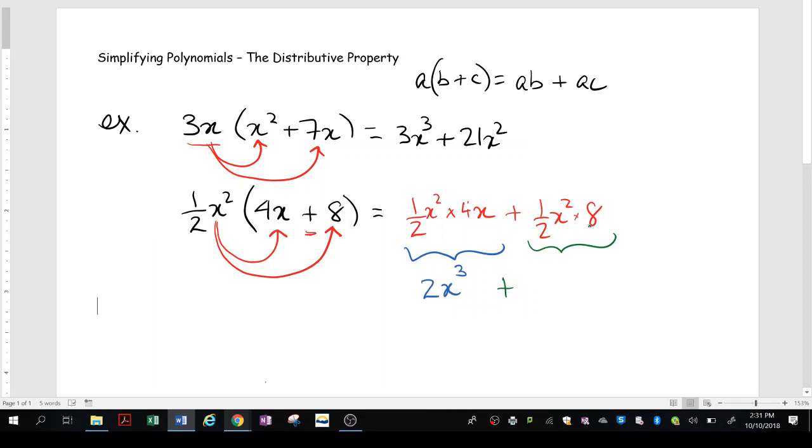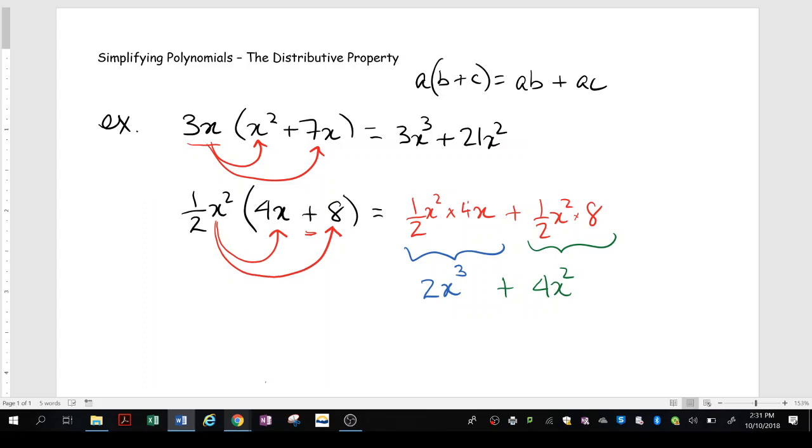We're multiplying those together. 1/2 times 8 we know is 4. And we have x squared. We don't have another variable attached to the x. The 8 in this term was a constant, so we're multiplying that by this coefficient here to get 4x squared.